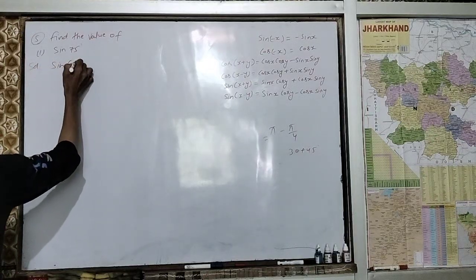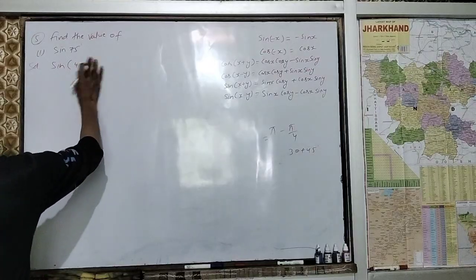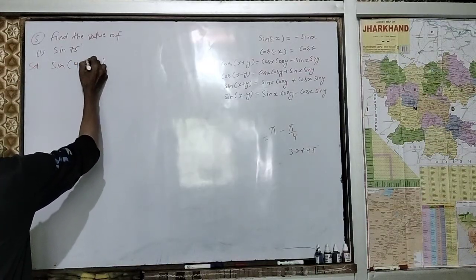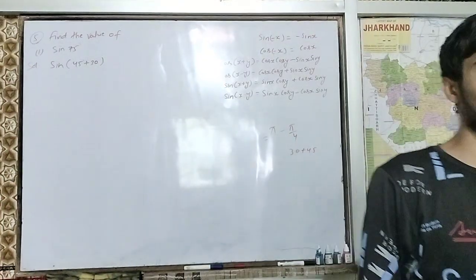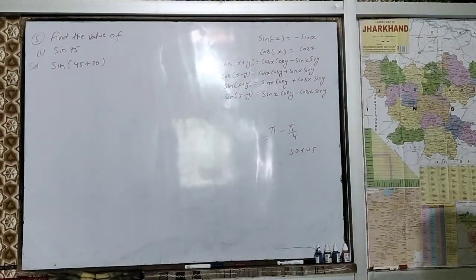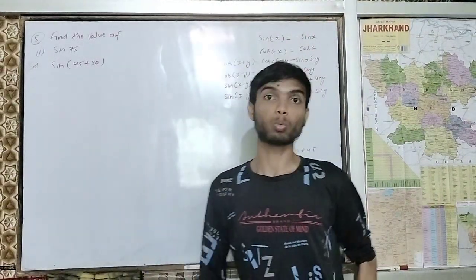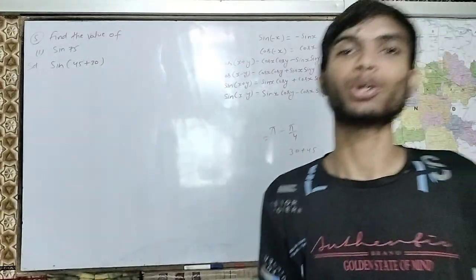So this is the sum of 45 plus 30. Here we can see it is nothing but sine of a plus b, sine of x plus y. In that case, we know what trigonometric identity we should use.